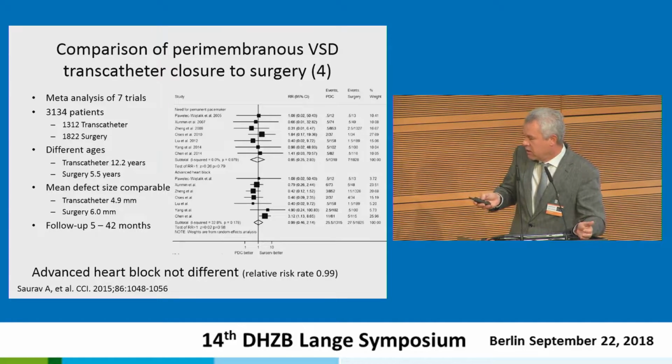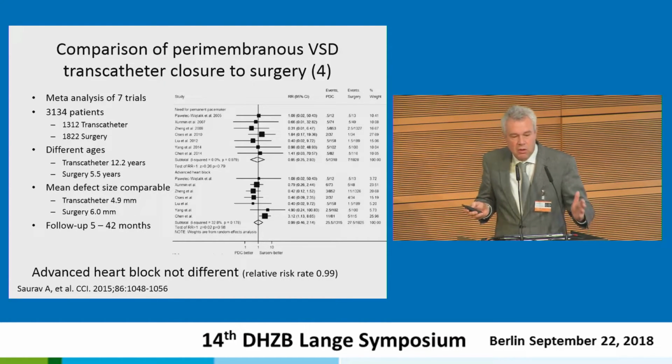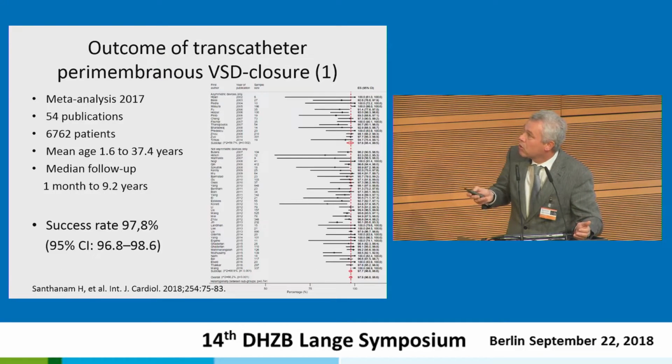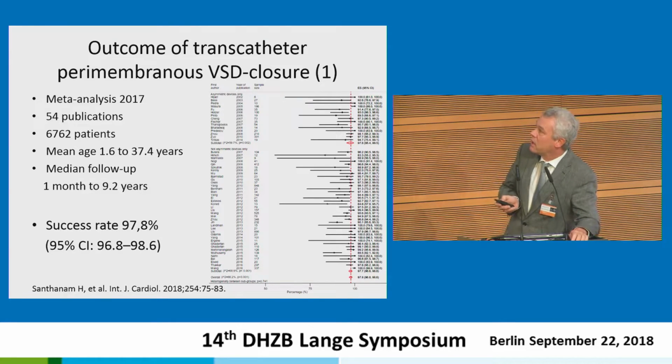And even the rate of advanced heart block was more or less the same, relative risk about 1. So no big difference. So why not close the defects interventionally? Because we don't know what's behind this meta-analysis.